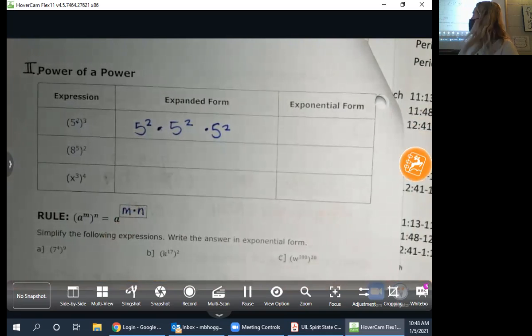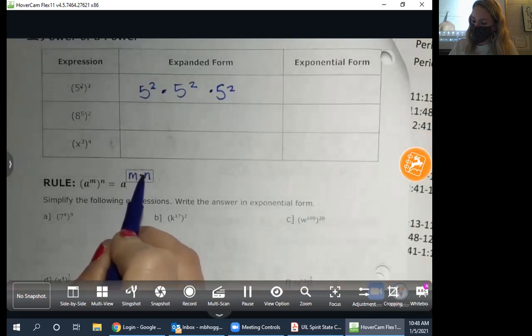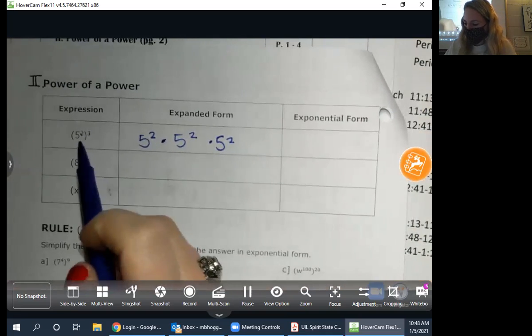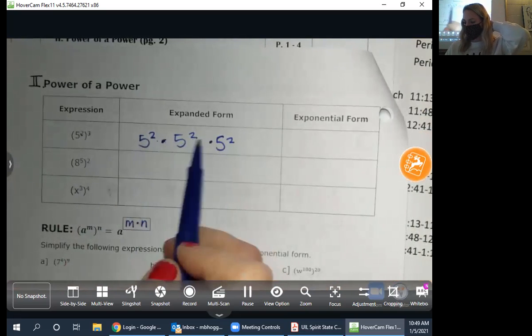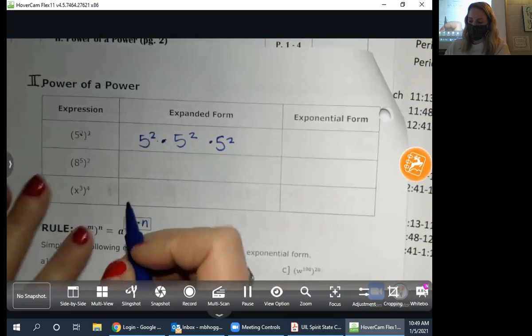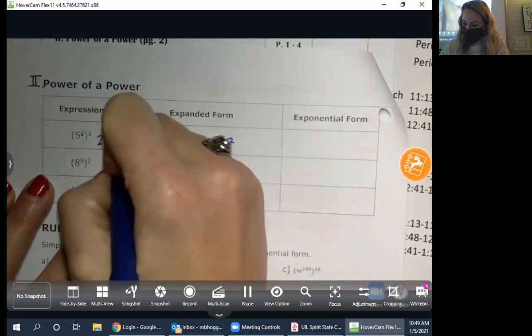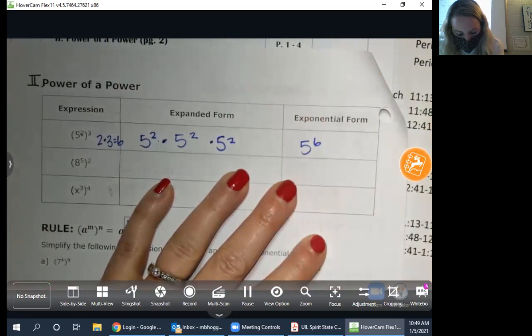All right? You multiply. So go ahead and go down to the rule. You multiply your exponents. So 2 times 2, or 2 plus 2 plus 2 would be the same thing as 2 times 3. What is 2 times 3? Yes, thank you. Yay, we can do basic math. So that answer is 5 to the 6th. You multiply.